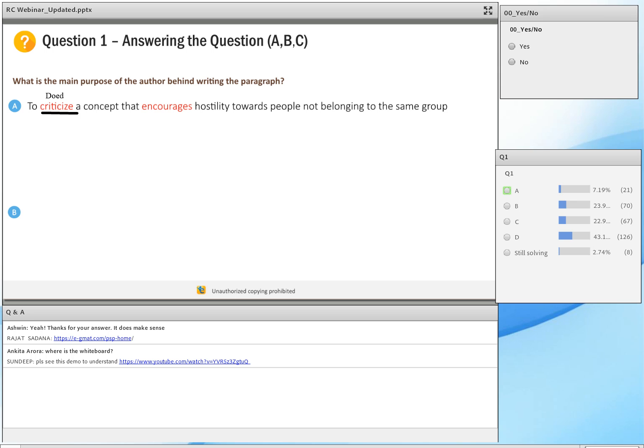No, he doesn't say EC is bad. He says, this is what EC is. And when the test maker makes this answer choice, that test maker is actually playing with your own personal emotions. All right. And which is why option A is incorrect.